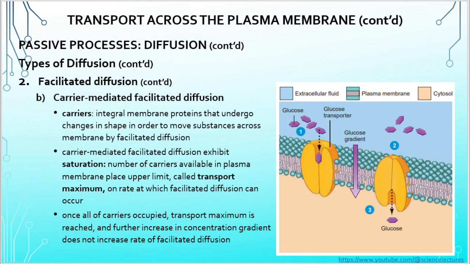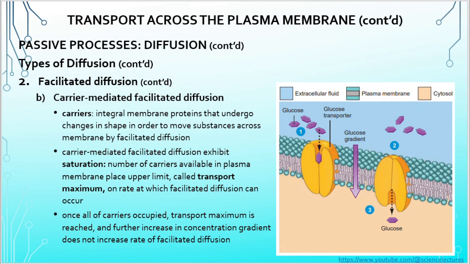As you can see in the figure on our slide, the solute binds to a specific carrier on one side of the membrane and is released on the other side after the carrier undergoes a change in shape.